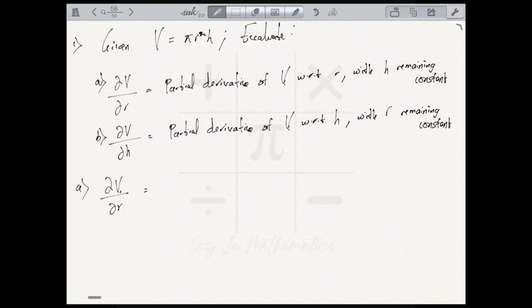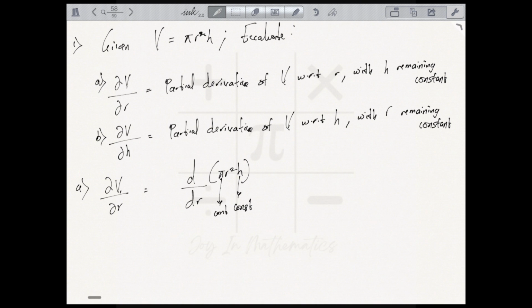We are differentiating with respect to r of pi r squared h. Now, however, in this case, our h is constant and our pi is also a constant.